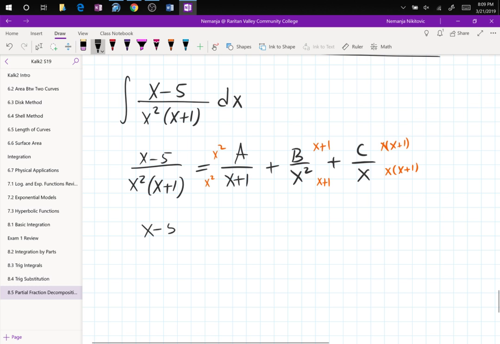It's going to be x minus 5 equals ax squared plus bx plus b plus something. I have a over x plus 1 plus b over x squared plus c over x. It doesn't matter which order. You can put these a, b, c anywhere, because they can be in any order.